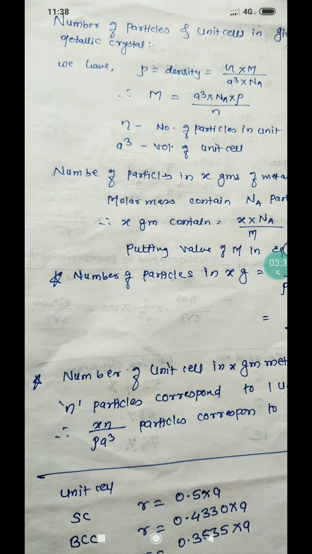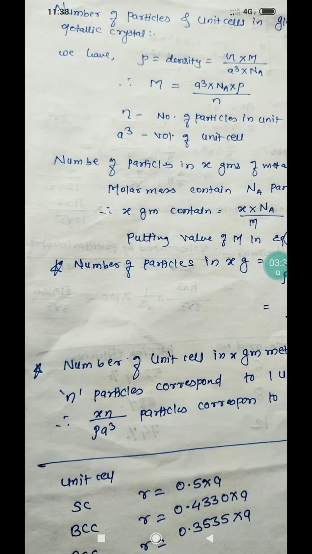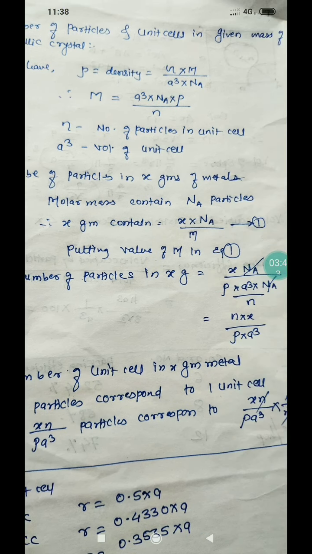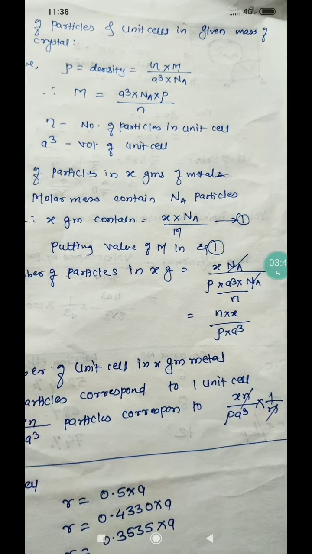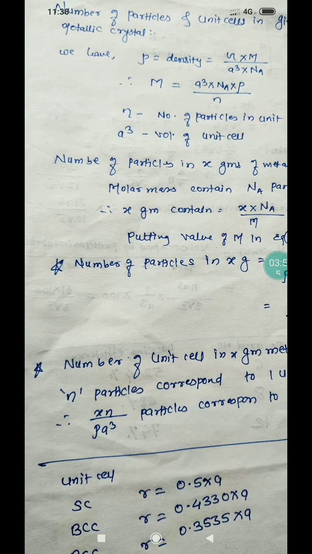So the number of unit cells in x grams of metal, let it be n. So n particles correspond to 1 unit cell. For example, simple cubic cell containing 1 particle, body centered cubic cell containing 2 particles, and face centered cubic cell containing 4 particles.